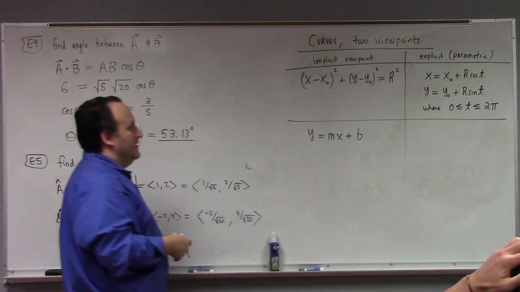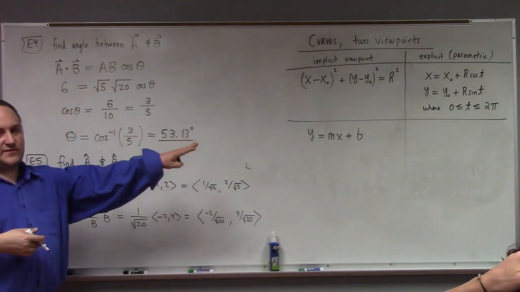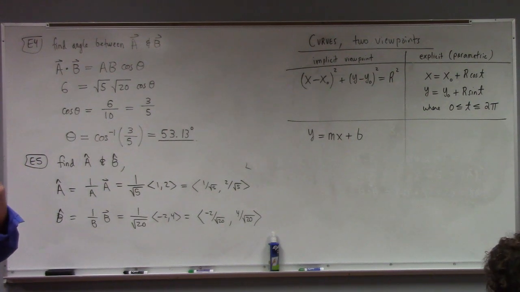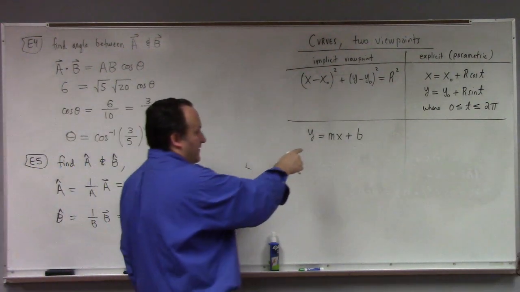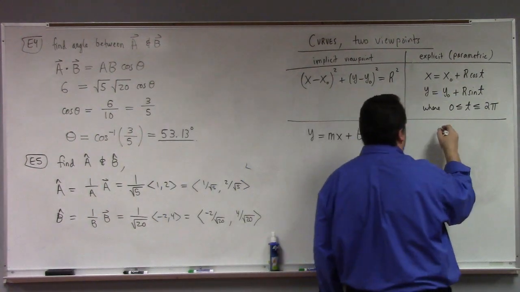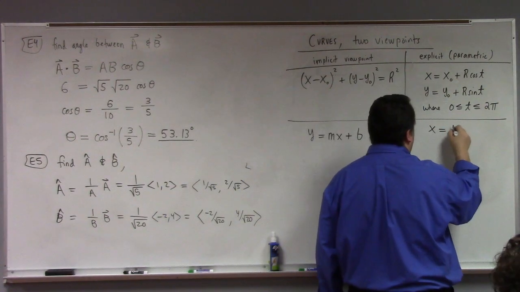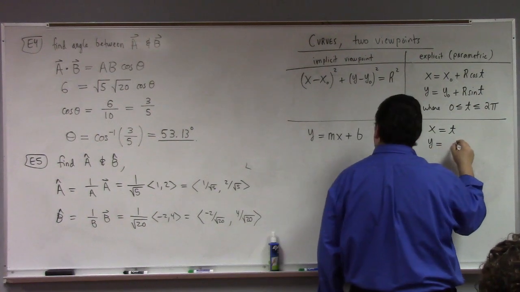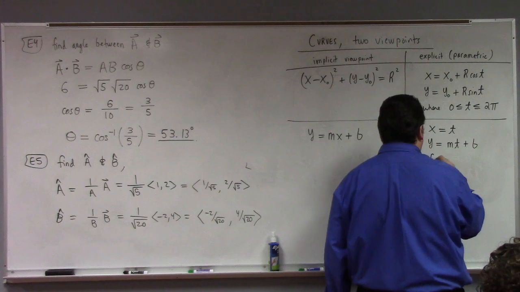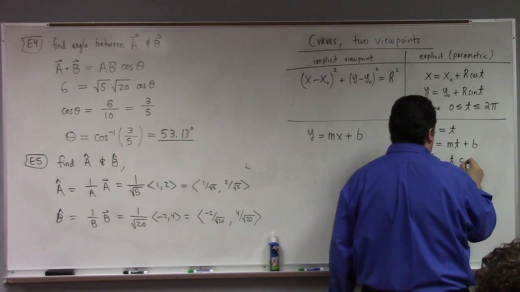I would say that graphs of functions are kind of in between worlds, because on the one hand, they're an equation involving the Cartesian coordinates, but on the other hand, they're explicitly telling you what y is as a function of x, right? So in this context, you could do this: x equals t, y equals mt plus b, for t in the reals.